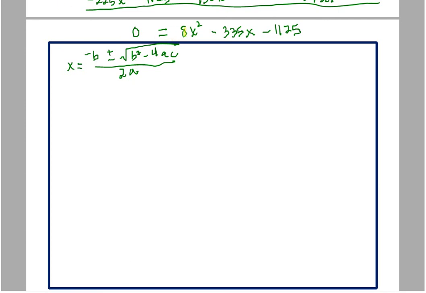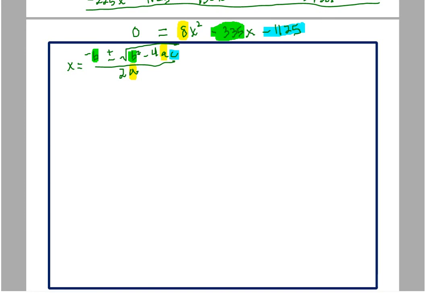Our a is the number in front of the x squared, so I'm going to replace that a with the 8. Our b is the number in front of the x. Notice it's a negative 335. And our c is the constant, so I'm going to replace the c with that.